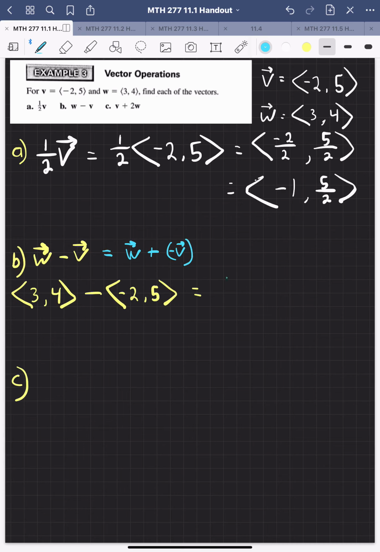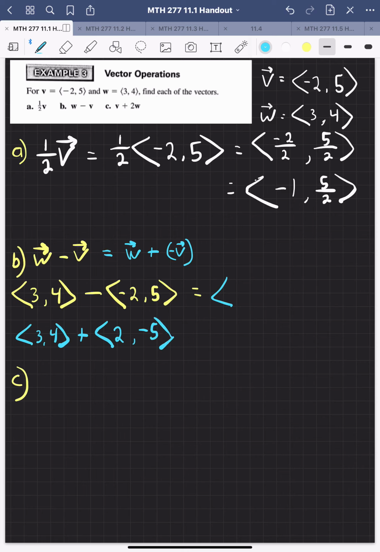Because we're subtracting this vector, we're going to change the signs of vector v, because the negative version would maintain the same magnitude, it would just be in a different direction. So this is 3, 4, plus, now changing the signs, 2, comma, negative 5.